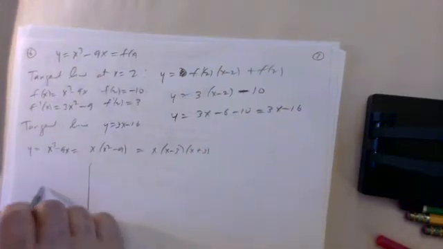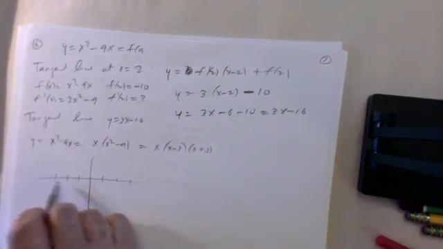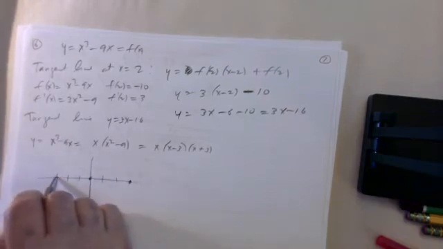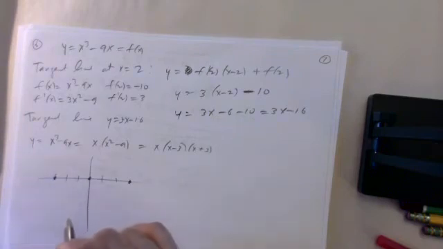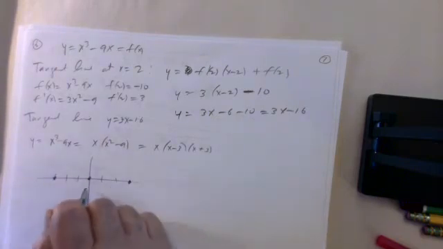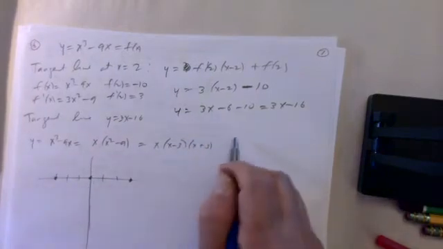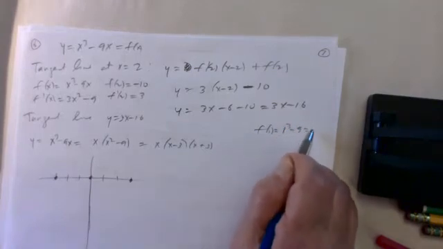So this function is 0 at 0, at 3, and at negative 3. And when x is equal to 1, it's 1 cubed minus 9, it's minus 8.